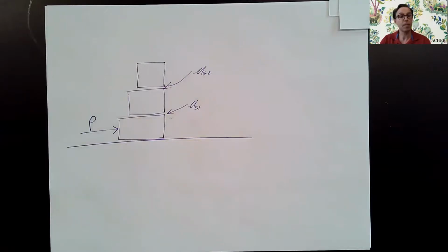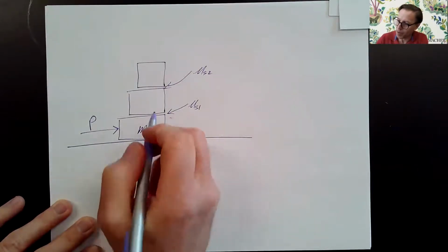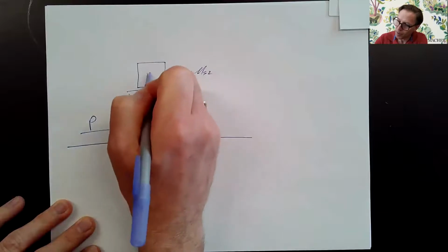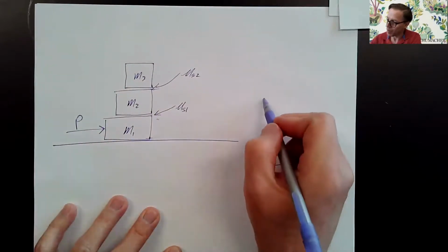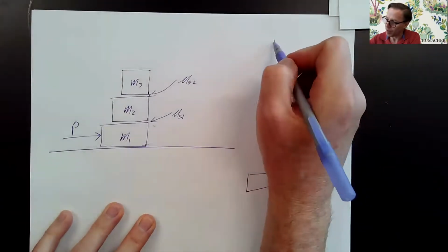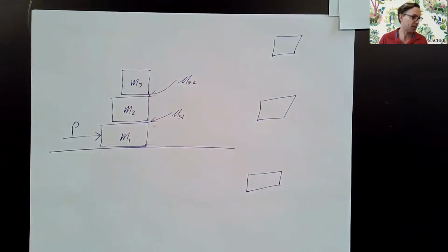And we call this block mass M1, mass M2, mass M3. Can you make 3 free body diagrams for me of these 3 blocks? That is a fun challenge.